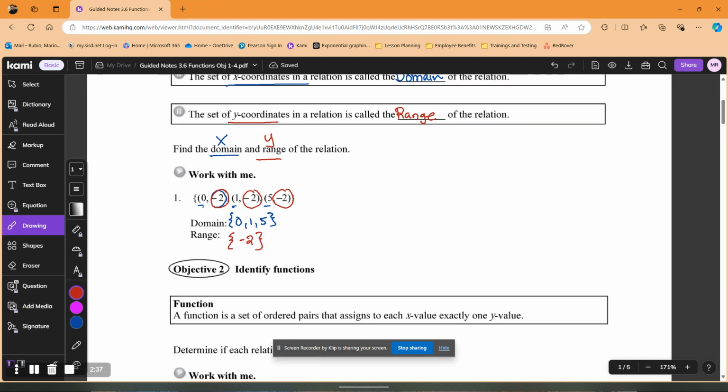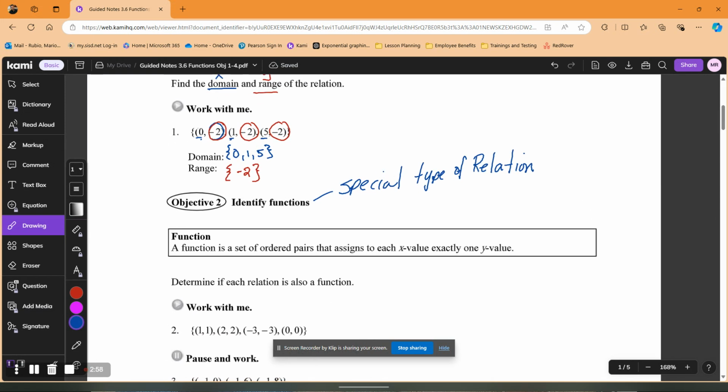So let's talk about what relations are functions. Functions are a special type of relation, and that special type of relation is right here. I want you to highlight this or circle it or underline it.